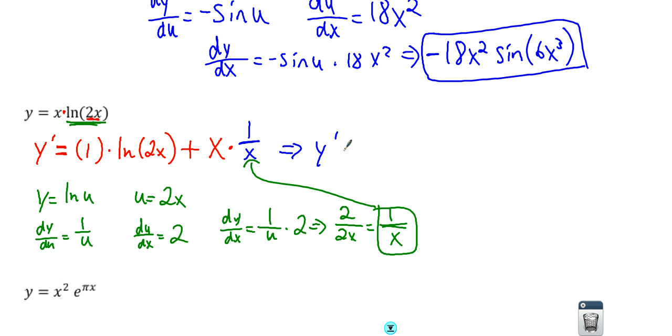So our y prime is going to be equal to the natural log of 2x plus x times 1 over x, which is 1. And this is the problem I have with that word cancel that a lot of people use.